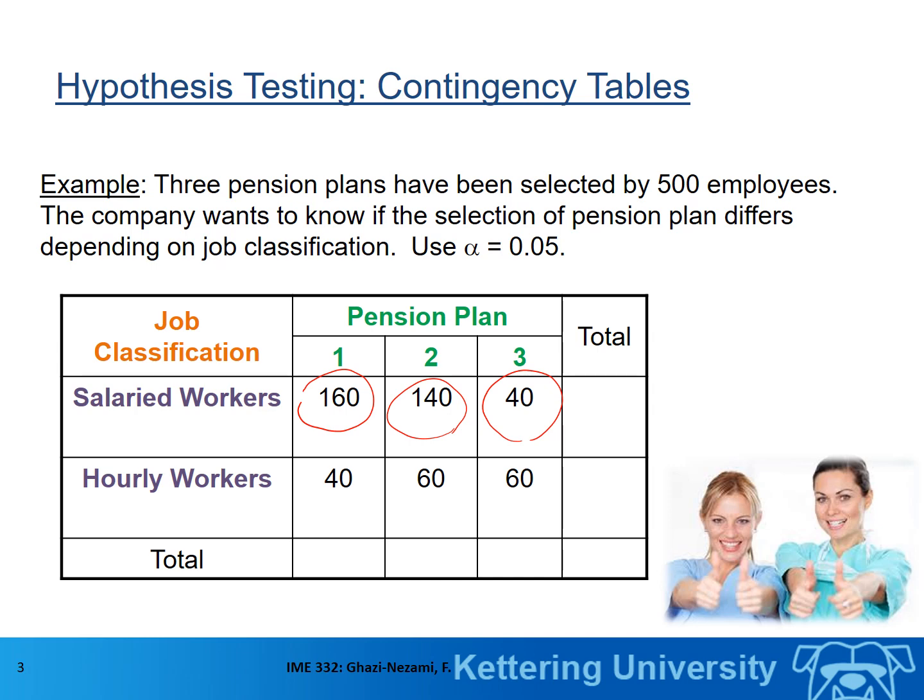It means that 40 of hourly workers have chosen pension plan 1. 60 of people who are hourly workers have chosen pension plan 2. And again, the remaining 60 have chosen pension plan 3. The summation of all the data that we have in this table is equal to 500, which is the total number of employees or total number of observations.